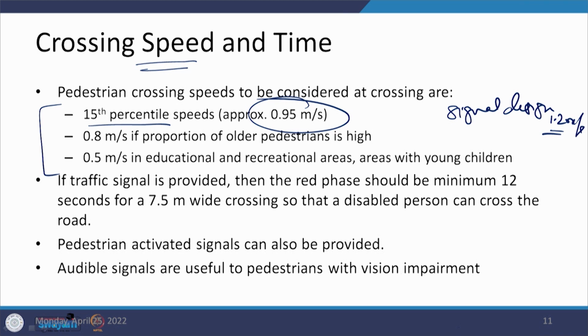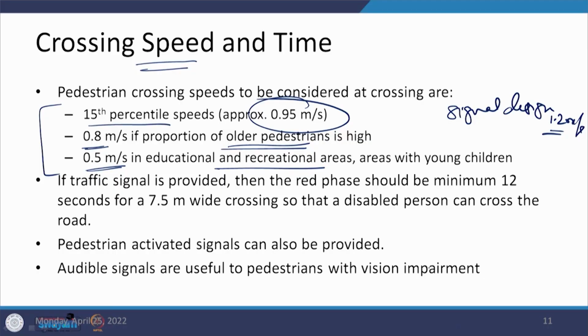At the same time, if there is a location where a lot of older pedestrians are present, then it can be taken as 0.8 meter per second. Or if you are in an educational or recreational area where small children are going to be there, then the speeds can be further reduced to 0.5 meter per second. So, depending on where we are designing a facility, we have the flexibility in the use of a crossing speed, and based on that we should try to design.